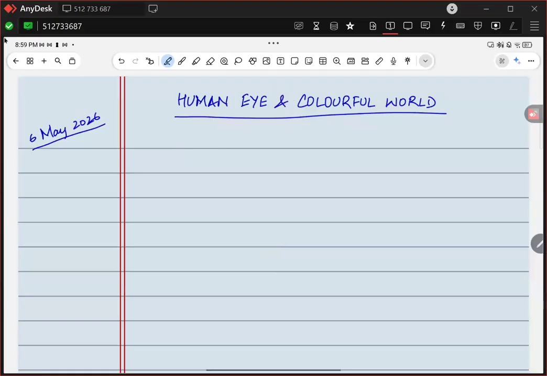So what we will be doing today, we discussed about refraction through a prism, right? In the last class, that was the last thing that we discussed.